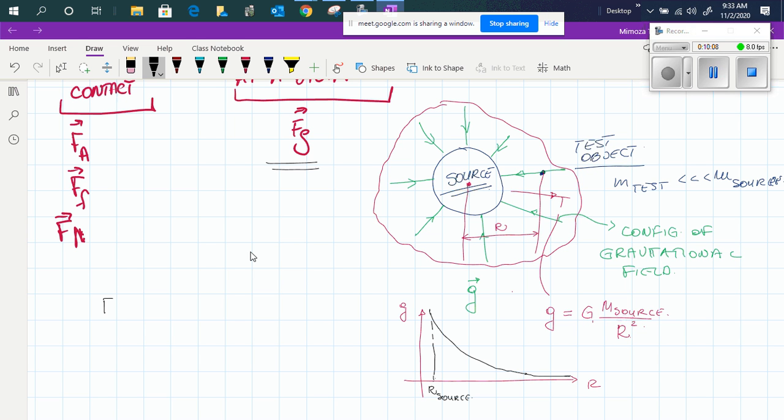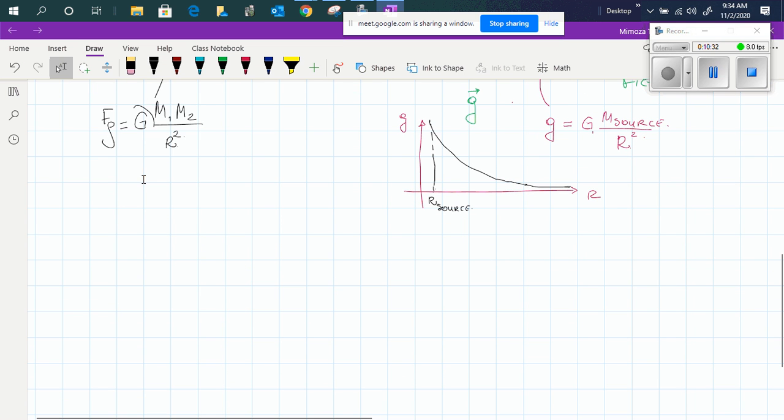Force of gravity is calculated as capital G mass 1 mass 2 over r squared, where capital G is the universal constant. Mass 1 is mass of one object, mass 2 is mass of the other object, and r is the distance between the center of the mass and the center of the object.